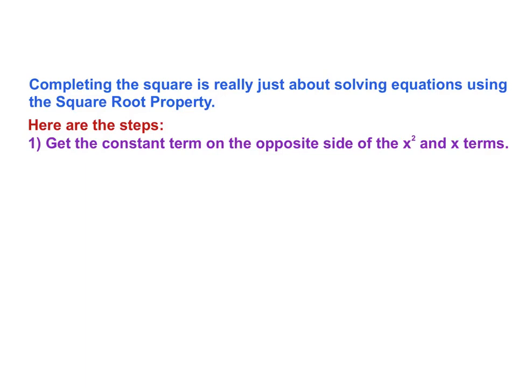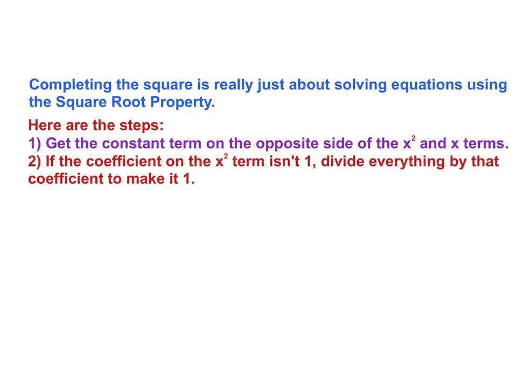We're just going to isolate the squared term and the linear term and put the constant, the number, on the other side. The other thing we have to do after that is make the coefficient on the x squared a 1. In all the problems we did yesterday, that was set up for us. The x squared term always had a 1 coefficient, with no number in front of it.